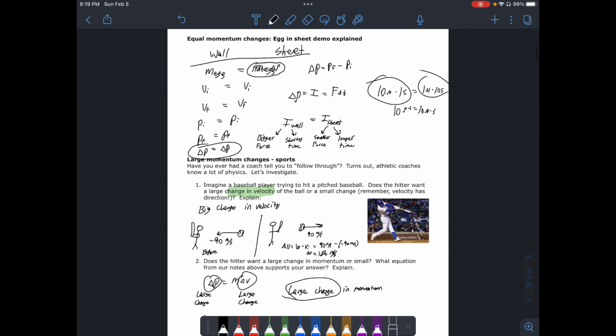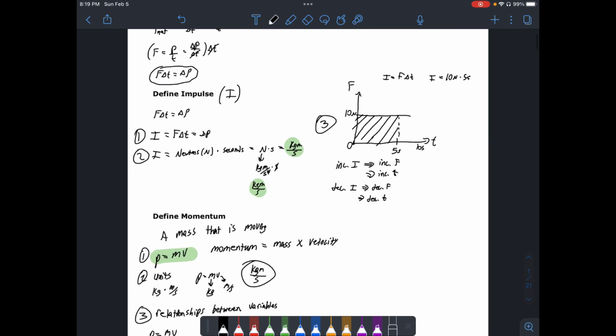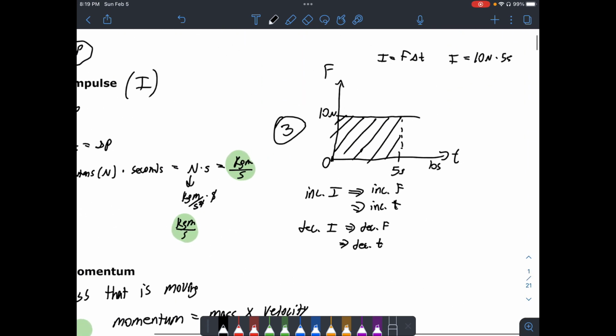Because again, we can look up and think about if our hitter is hitting with, just to keep it the same, 10 newtons, and he cannot go any higher. This is all out of his reach. The only thing he can do to increase his impulse, if we can't increase our force, is to increase our time, and that's that follow through.